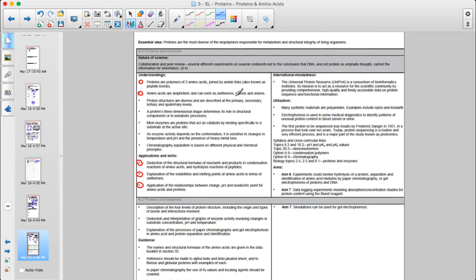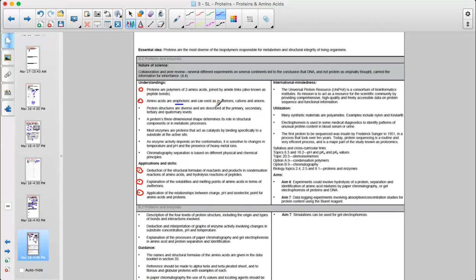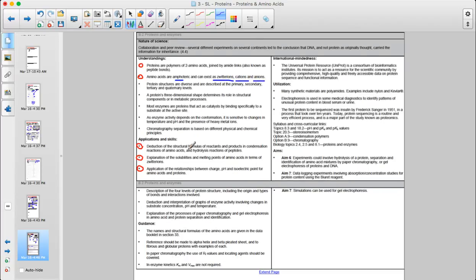So in this video, we talked about proteins being polymers of amino acids, how they are amphoteric, and how they can exist as Zwitterions, cations, and anions. We've also talked about how you get structural formulas when they condense together. Hydrolysis reactions would just be the reverse of condensation reactions, so cutting dipeptides and tripeptides apart to reform the amino acids.